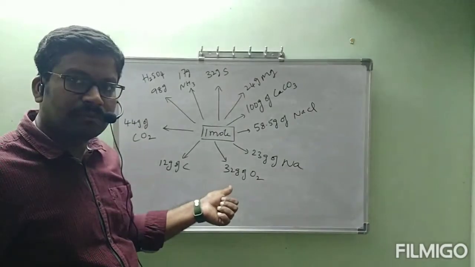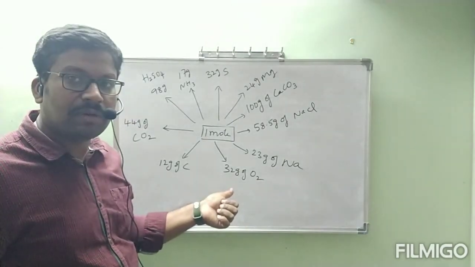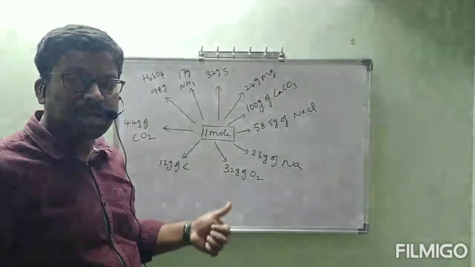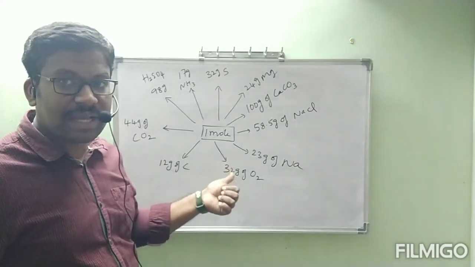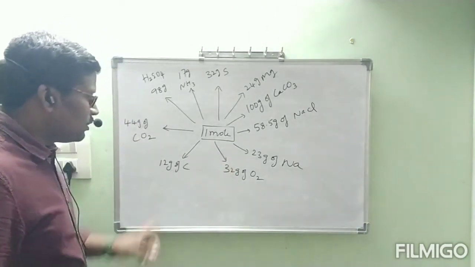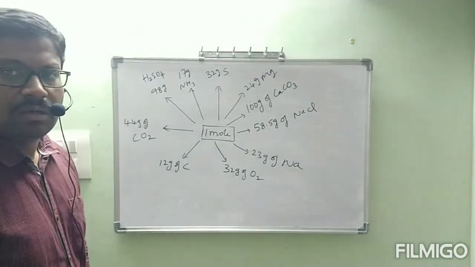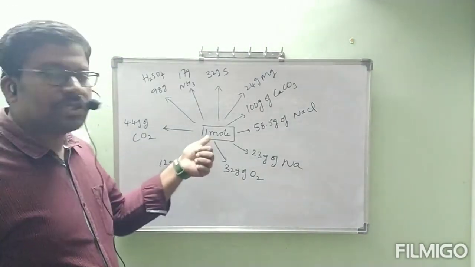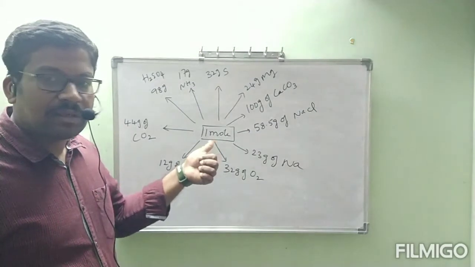32 grams of O2, 6.023 into 10 power 23 O2 molecules. Both 6.023 into 10 power 23 and 1 mole are same. Next, 12 grams of carbon contains 6.023 into 10 power 23 carbon atoms, because these are elements.